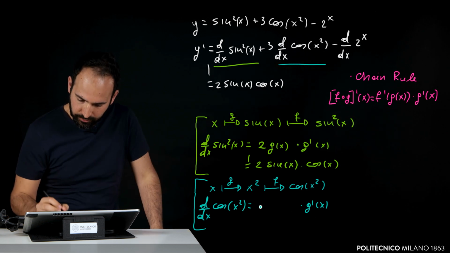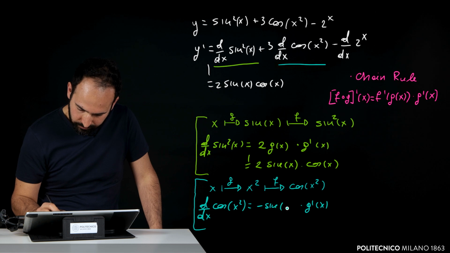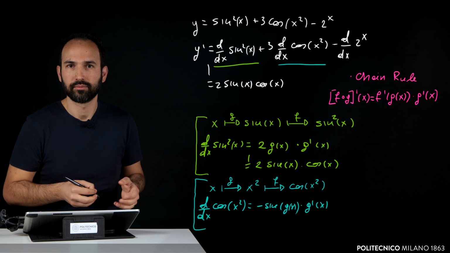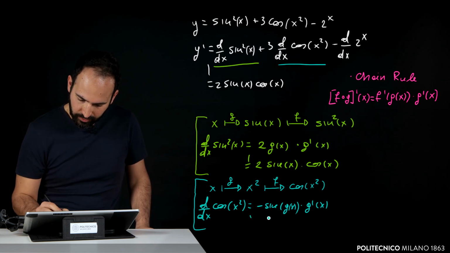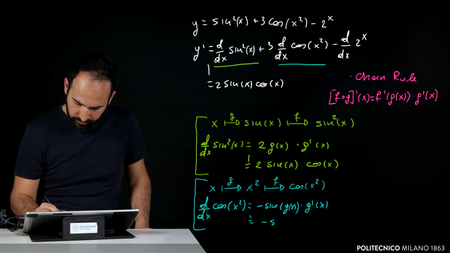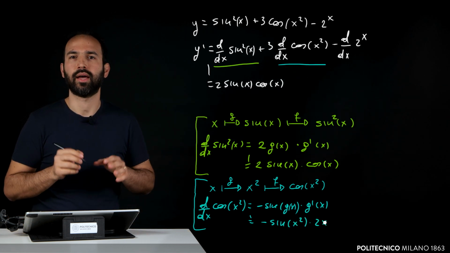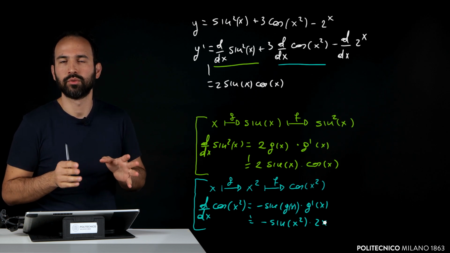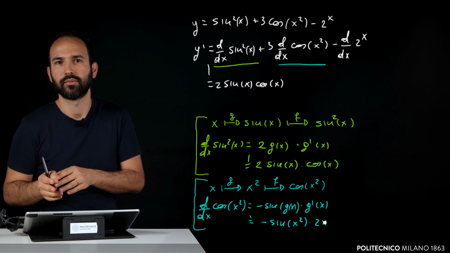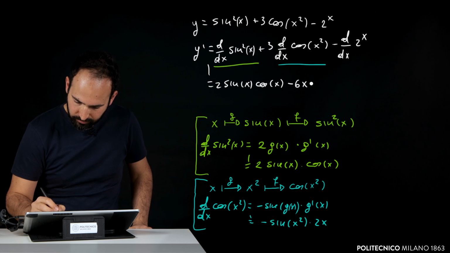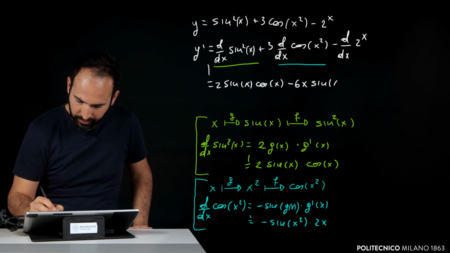That is minus sine of g. Again, we substitute g and g prime and obtain minus sine of x squared times 2x. Bringing it back to y prime, we have to multiply by 3, so we get minus 6x times sine of x squared.